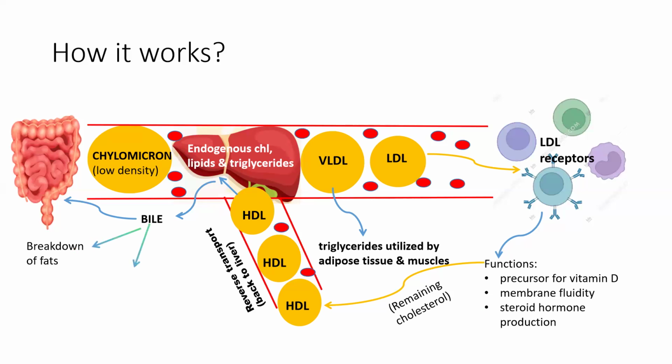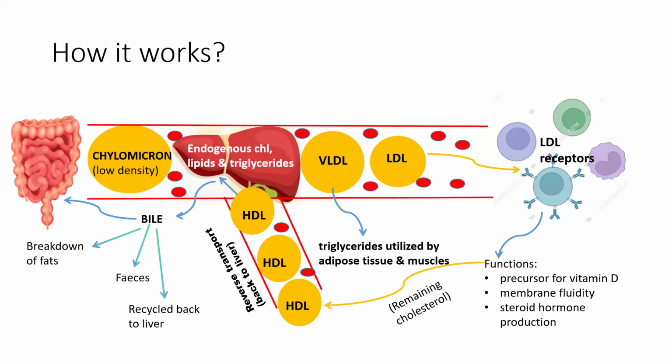Then some of the bile is released as feces from the body, and some part of the remaining bile is recycled back to the liver to continue the dietary cholesterol metabolism, which is a cyclic process.